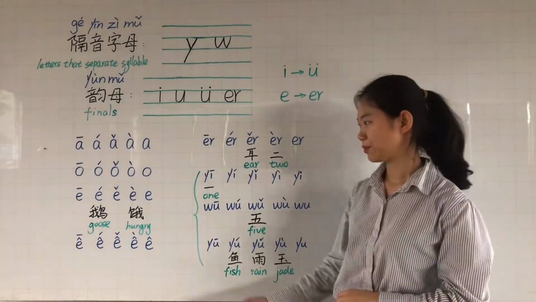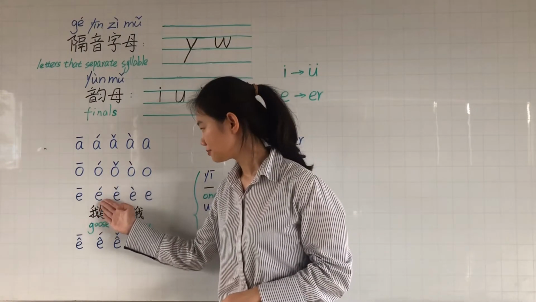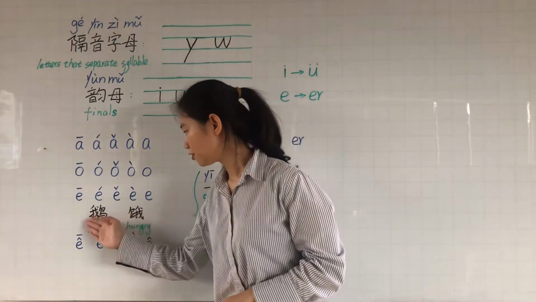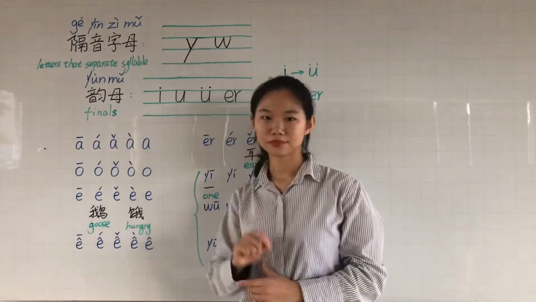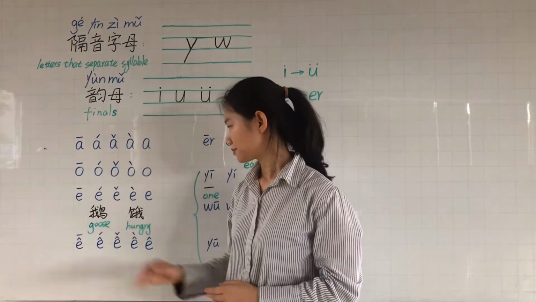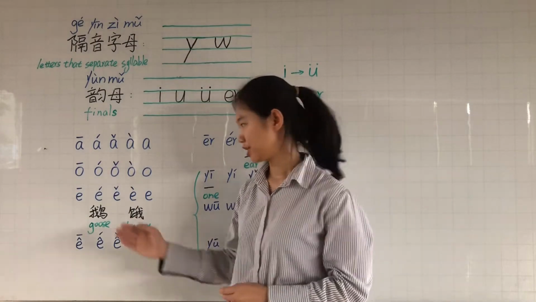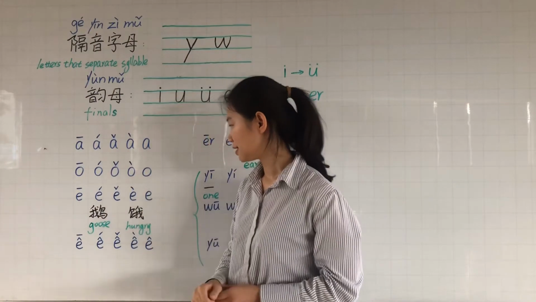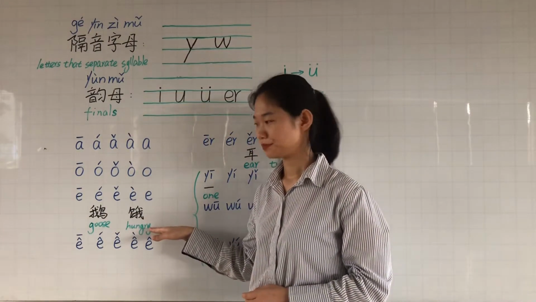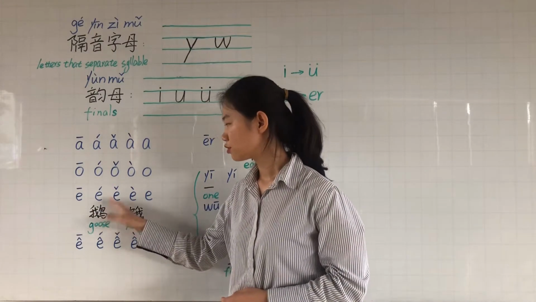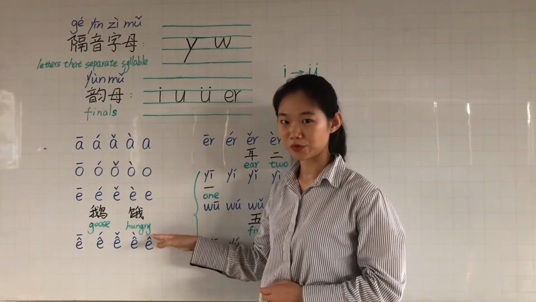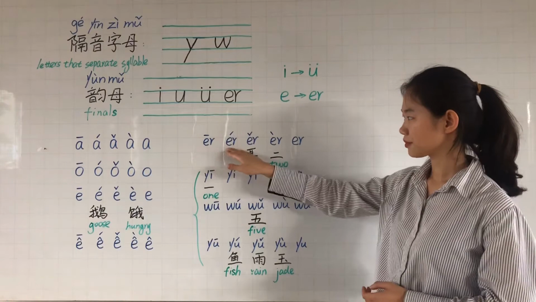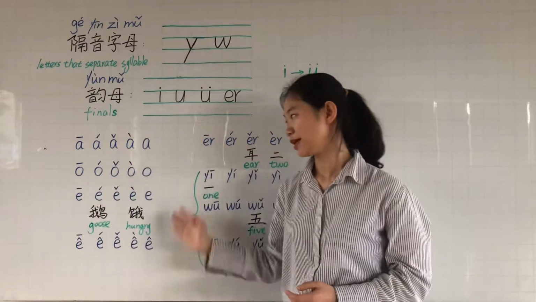And also, please remember, different tones, different characters, and different meanings. It means goose. When I change the second tone to the fourth tone, the meanings are changed. Like this is goose, this is hungry. Okay? Then this is the same for other finals.